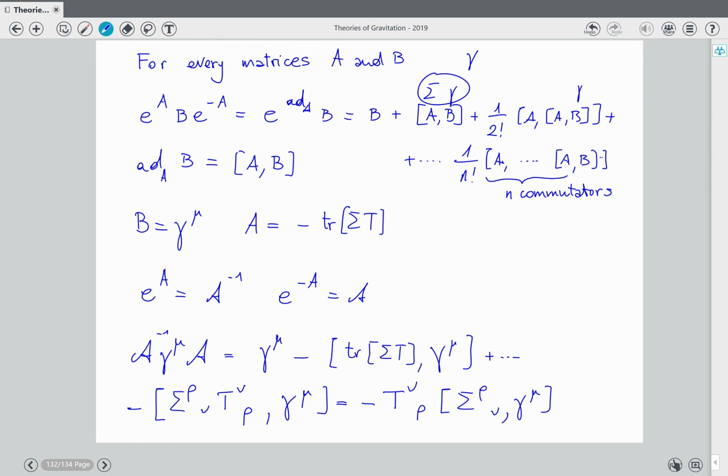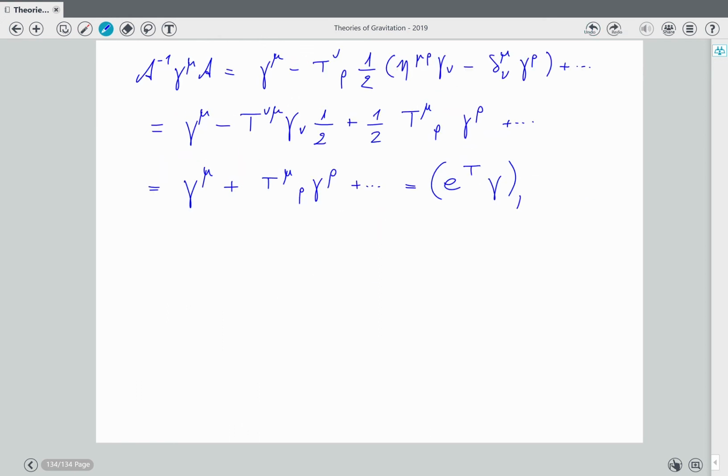Here you have gamma, sigma, sigma, but the commutator of sigma and gamma is a gamma, and so you iteratively use always the same thing, and just check that the coefficients reproduce the exponential, but you see the coefficients are those of the exponential already there. Or if you want to, you can find out shortcuts to get to the right result, but in the end that's what you get. So that's the result.